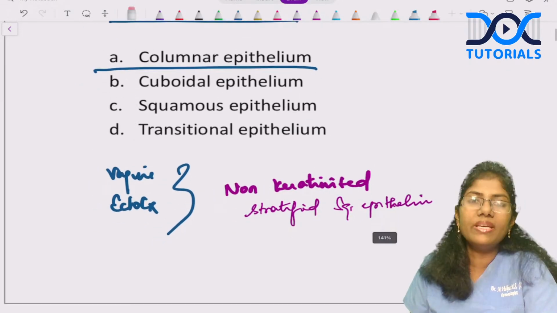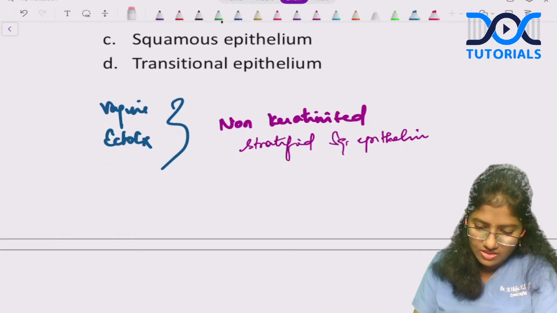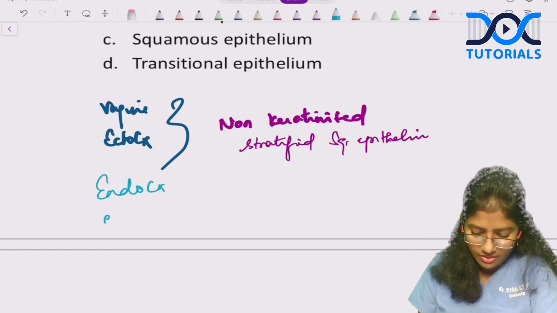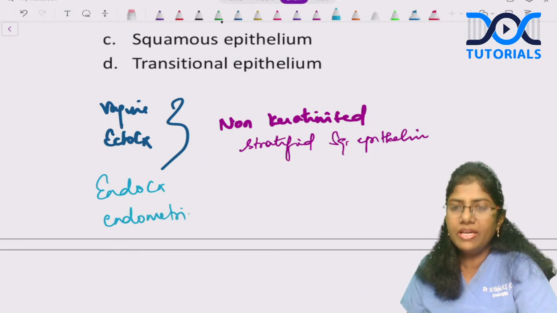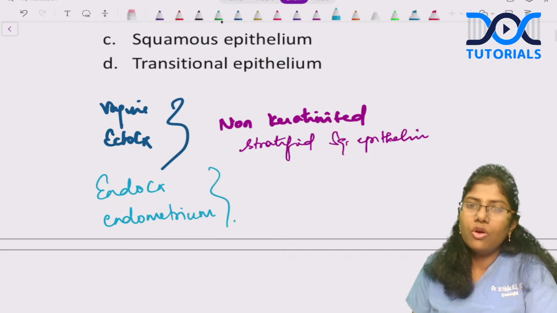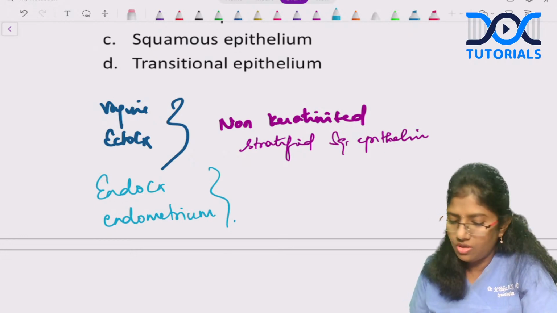The vagina and ectocervix are lined by non-keratinized stratified squamous epithelium. Now coming to the endocervix and endometrium. Tell me guys, what are they lined by? Columnar, right? Is it ciliated columnar or non-ciliated columnar?